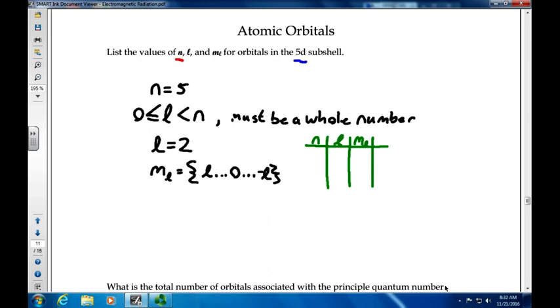In this chart, we would have n is 5, l is 2, m sub l is 2. n is 5, l is 2, m sub l is 1. n is 5, l is 2, m sub l is 0. Extend down this chart a little bit more.